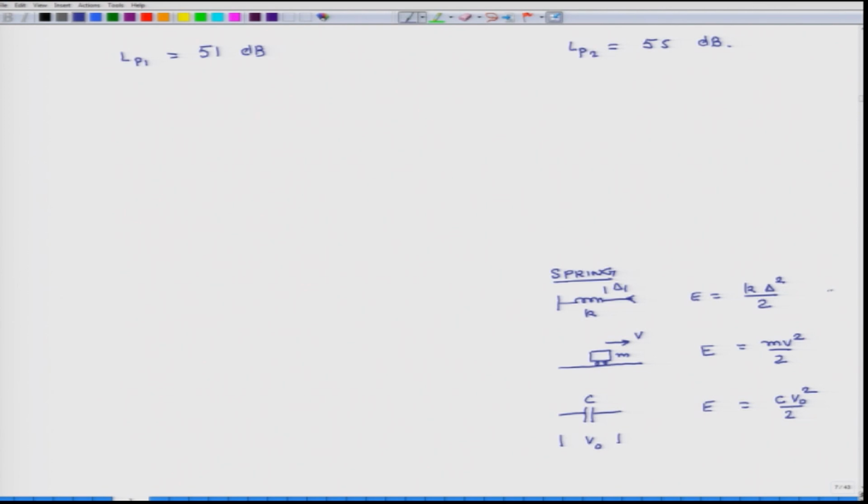In all these cases, whatever the excitation, the energy is proportional to the square of that. Here the excitation was deflection, here it is velocity, and in this case energy is proportional to the square of voltage. Energy is proportional to deflection square in a spring, velocity square in a freely moving mass, and voltage square across a capacitor.